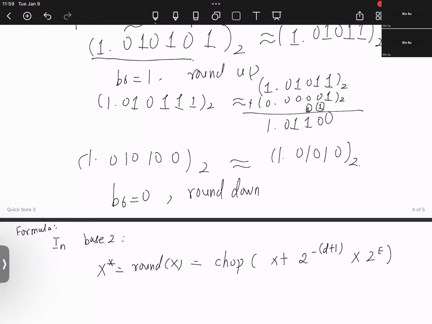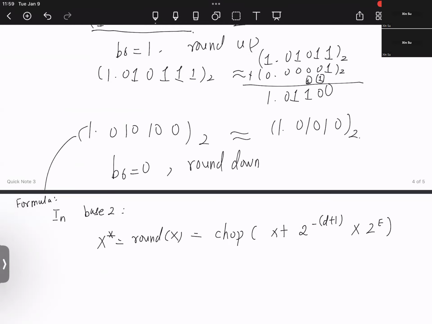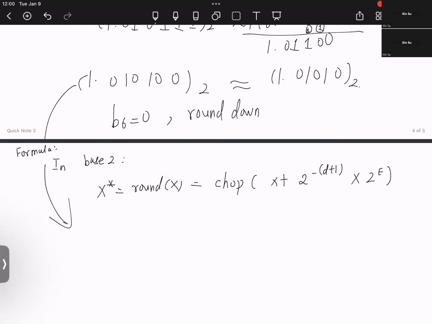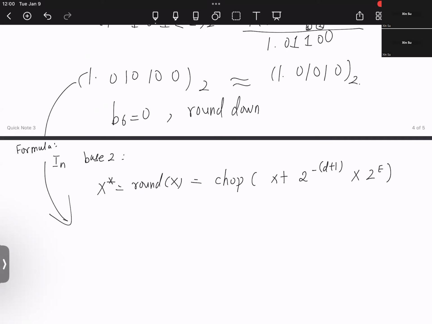And so now we only want 5 places after the decimal point, right? So for this example, we can also do it in this way. This is x, 1.010100, plus 2 to the negative, because we only want 5 places, so this is 6.